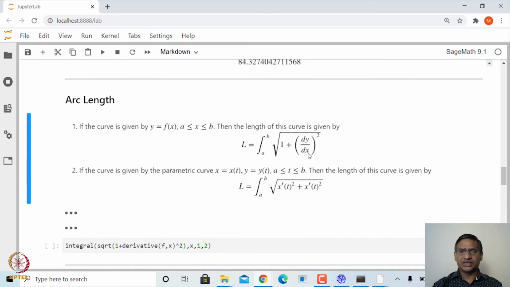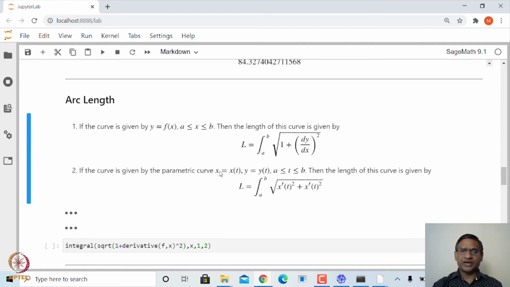This is generally denoted by ds, a small change in the arc length, and then you are integrating from a to b.